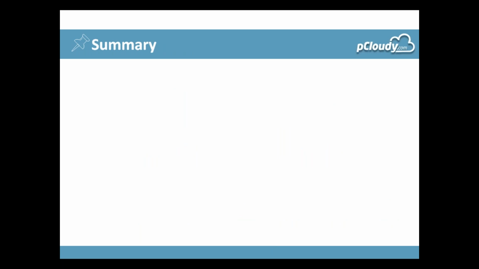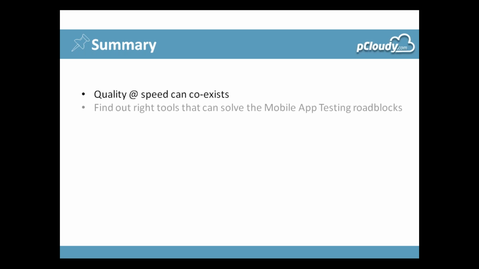So this kind of concludes the agenda that I had in mind. And to summarize the discussion in a nutshell, one of the important tasks that we are seeing increasingly is how do we achieve quality at speed? And in the context of mobile apps, it becomes extremely important to crack this conundrum.